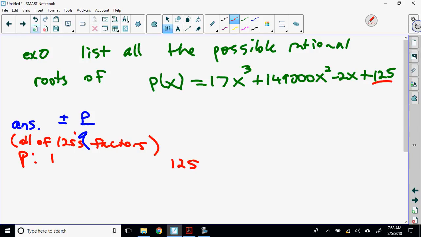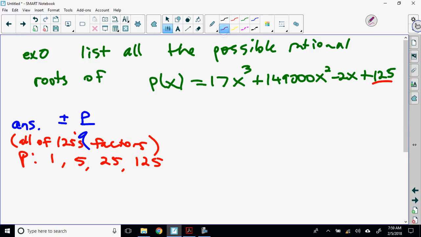No. Does 3 go into 125? 1 plus 2 is 3, 3 plus 5 is 8. 8's not divisible by 3, so 3 doesn't work. 2 didn't work, so 4 is not going to work. I think 5 does. 5 and 25, okay. Since 2 and 3 didn't work, 6 won't work. I'm pretty sure 7's not going to work. Since 2 and 4 didn't work, 8 won't work, 9 won't work, 10 won't. I think that's it. Just 1, 5, 25, and 125. Okay? So that's the p that we talk about in that theorem.